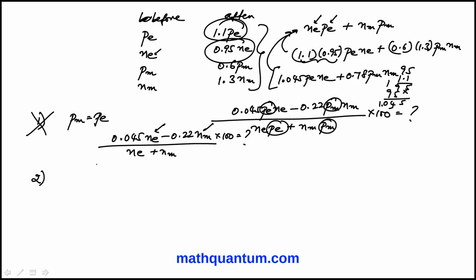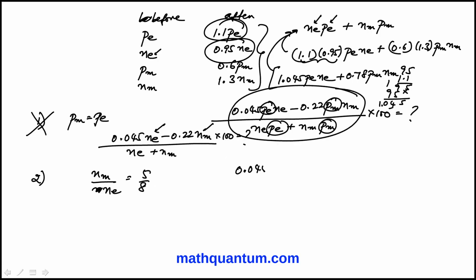Statement 2 gives you the ratio of the number of tickets sold for the morning show to the evening show is 5 to 8. So if I took this and I divided, and this is an operation that's common, if I divided numerator and denominator by N sub E, it doesn't really matter, but you'll see N sub E is better because it will become N_M over N_E.